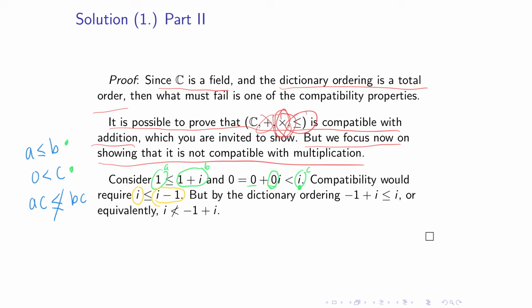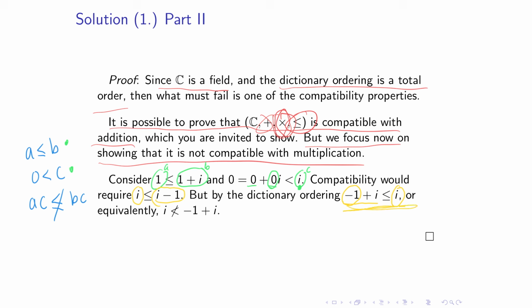Okay. Now, the question is: is this inequality true by the dictionary ordering? Well, let's rearrange the i minus 1 into negative 1 plus i, just so that we see that the real component comes first. And here it is negative 1. And that's all we really have to talk about, because when we look over at the other thing, which is i, its real component is 0, making it bigger than negative 1.